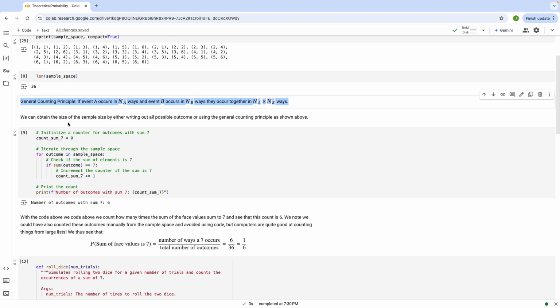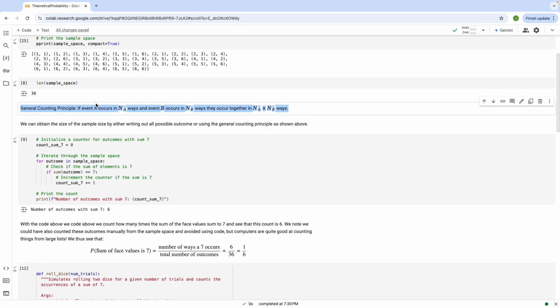What we're going to do next is count how many times 7 occurs when we toss two dice. You could count it directly from the sample space. What I mean by a 7 is that the sum of the two face values of the dice is 7. For example, this is an outcome of a 7: 1, 6.